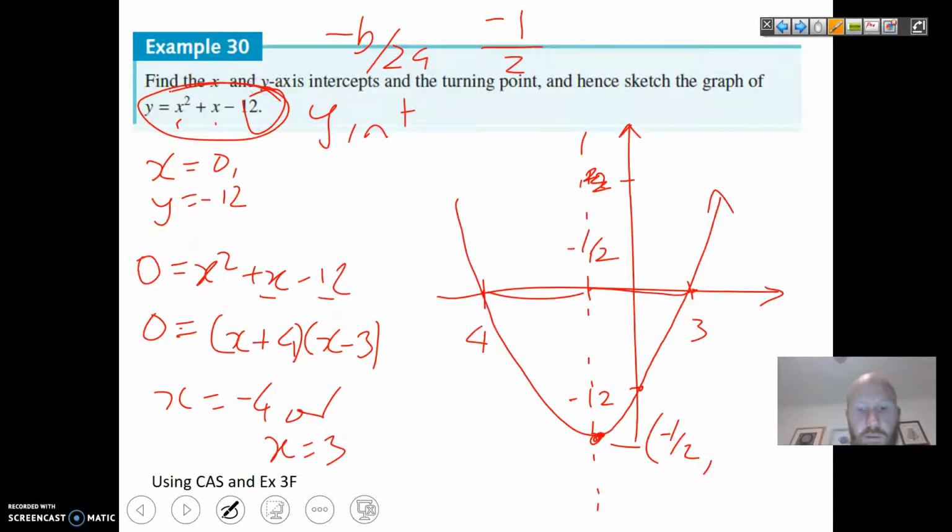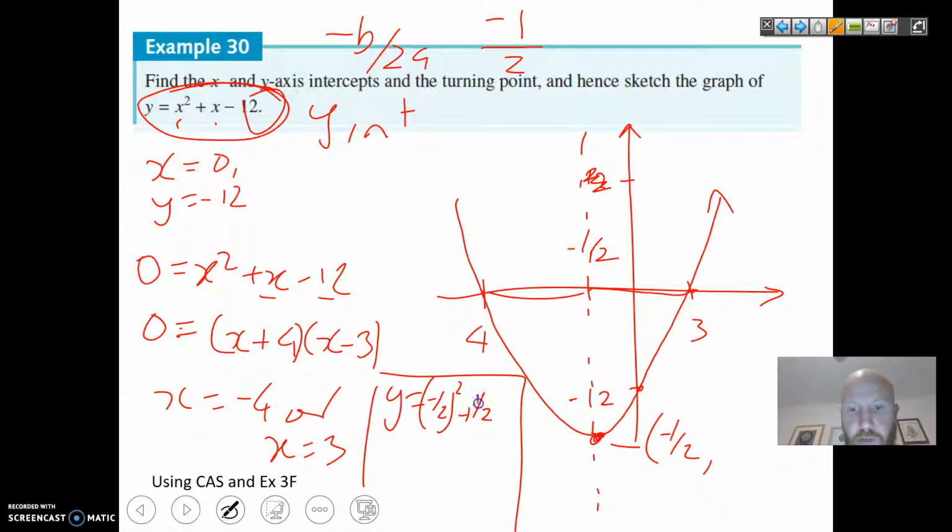Here's a rule that tells you y values. Right, y equals negative a half squared plus negative a half, still writing with my finger, I gotta say I'm sorry, minus 12.